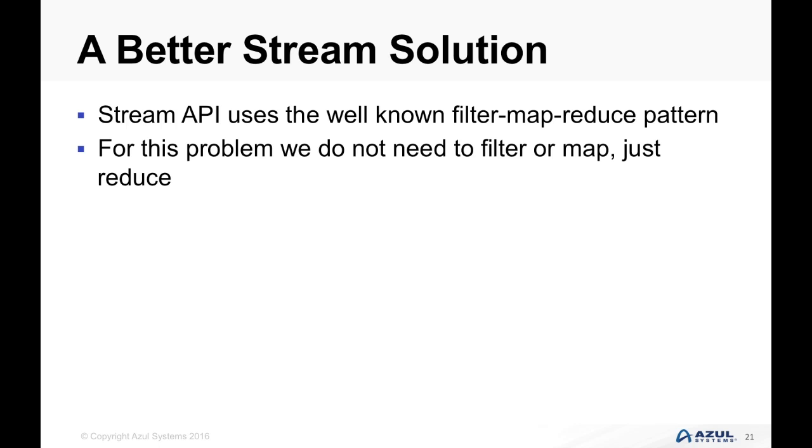We don't need to worry about mapping, because we got the strings in our file, that's what we're interested in, so we don't need to bother doing any mapping. What we really need to do is reduce. So we want to reduce from the set of strings in the file into one string, which is the longest string in that file. The problem we have then is finding the right reduction in order to do that.